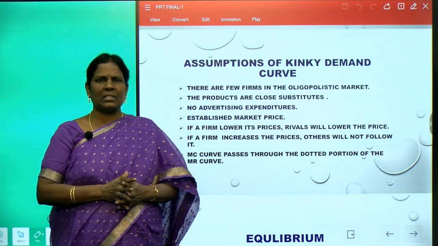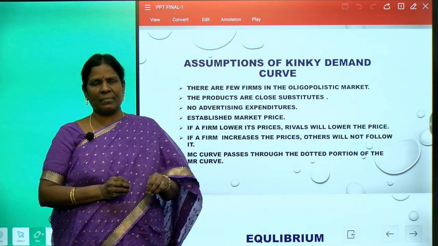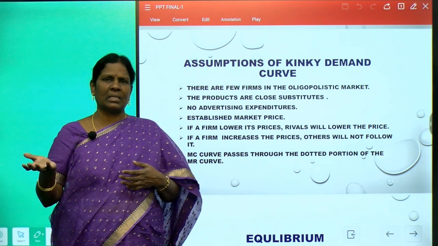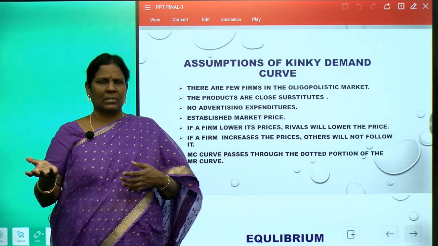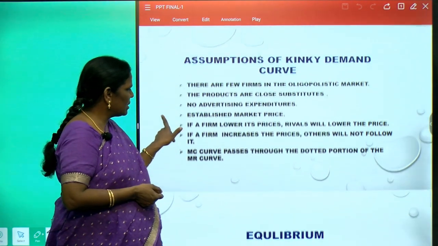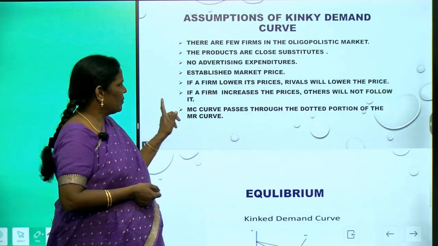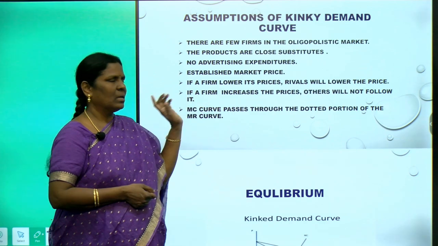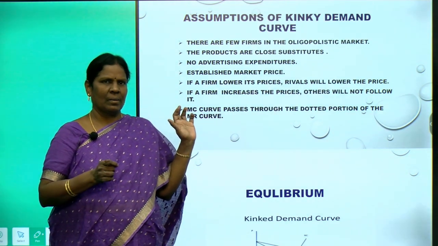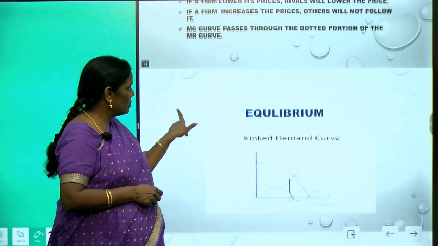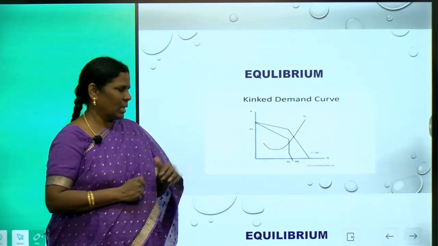Established market prices means once the price is fixed, it remains constant for 4 years or 5 years, etc. And coming to the next one: if a firm increases the price, others will not follow. If the firm lowers the price, rivals will follow. These are all the features and assumptions of the oligopoly market.